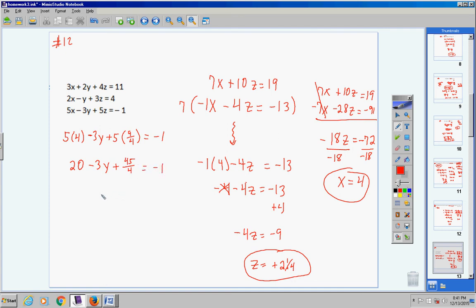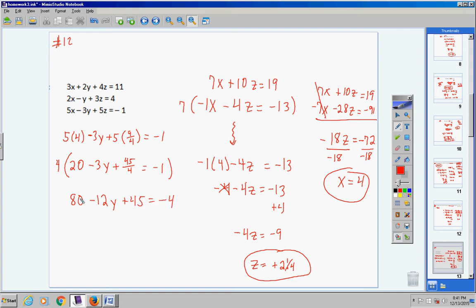Now every student is different. I would much rather eliminate fractions. I really would. Then try to work with this fraction here. So I'm going to multiply everything by 4 to get rid of my fraction. 80, negative 12y, positive 45, equals negative 4.